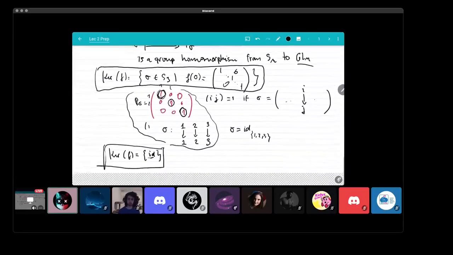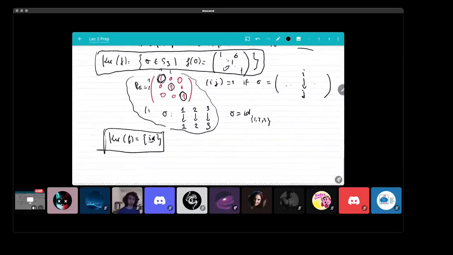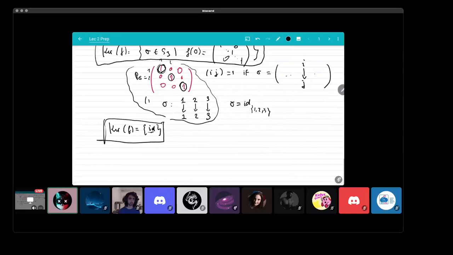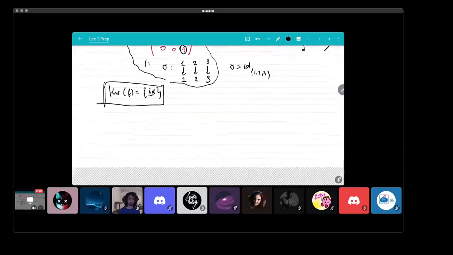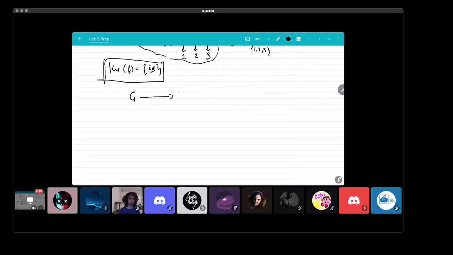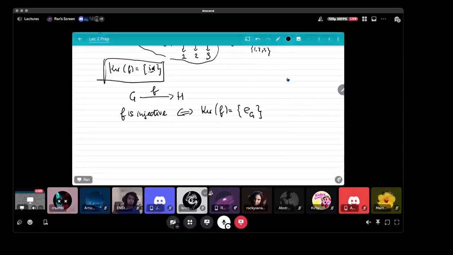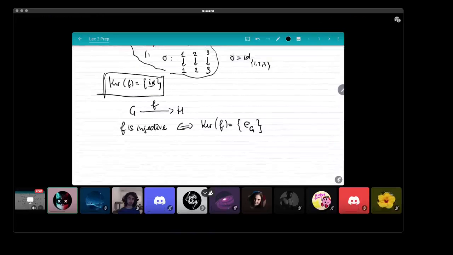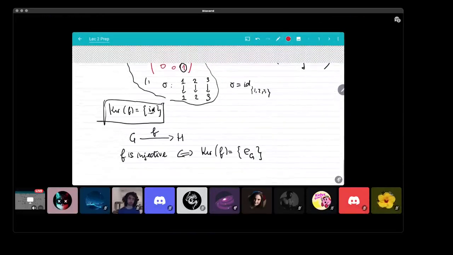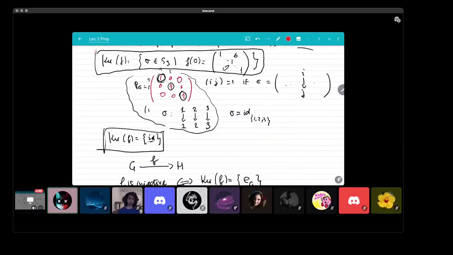And not sure if this has been seen already, but if you have a group homomorphism from G to H, f is injective if and only if its kernel is the identity element of G. So in this case, we see that the kernel of this particular morphism is the identity.